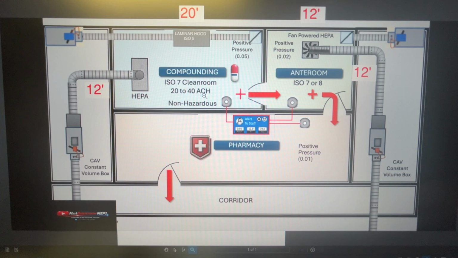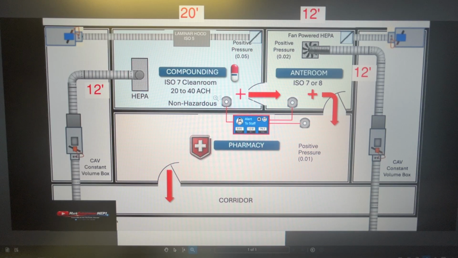So there's got to be constant flow in and obviously constant flow out. If you notice what I have here for the three rooms that we have, the most positive flow of air has to be in the clean room. And then it transitions to the ante room, then to the pharmacy, and the pharmacy has to be slightly higher than the corridor as well.